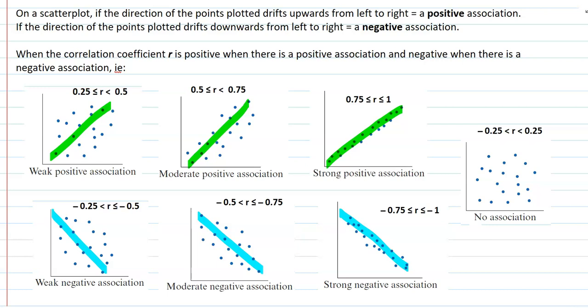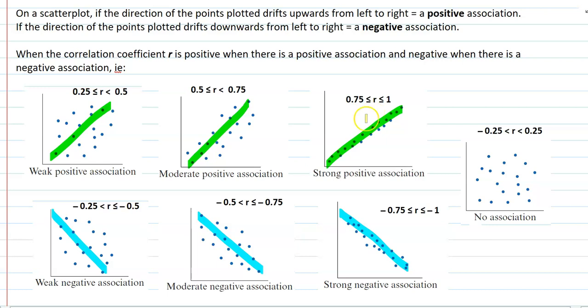If we have a random spread of points, like in this last example, there is no trend, and we therefore conclude that there is no association between the two variables we're analysing. You can also see associated with these graphs are a range of R values that when you calculate the correlation coefficient, you can use these as evidence to support your claim of a weak, moderate, or strong, or no association between the variables you're analysing.